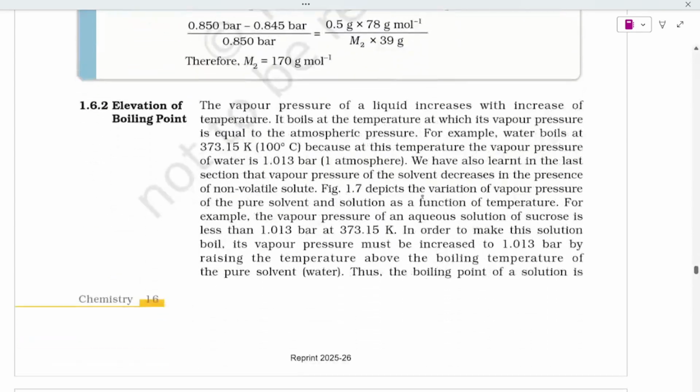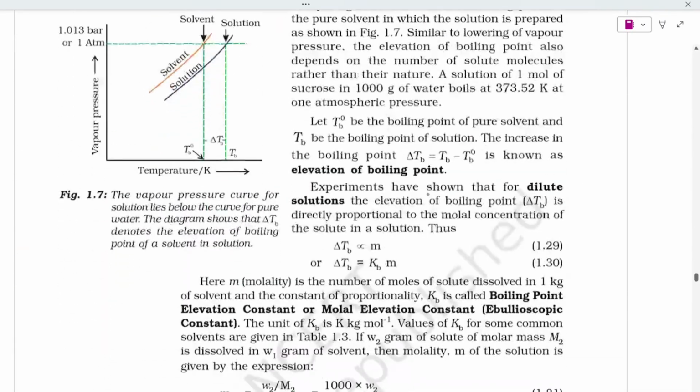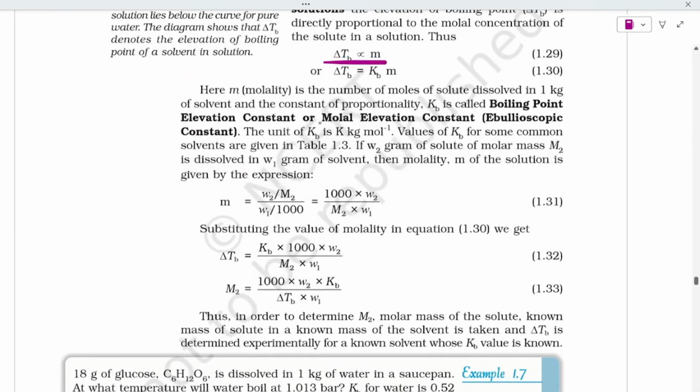Now let's discuss the elevation of boiling point. Delta TB is directly proportional to m, the molality. If you remove this proportionality, you will get KB, the molal elevation constant or boiling point elevation constant.